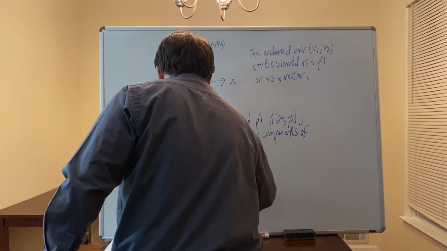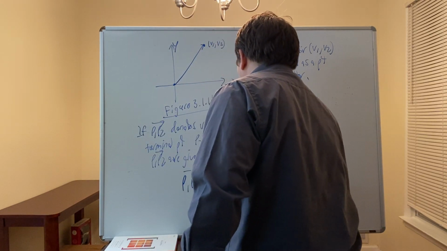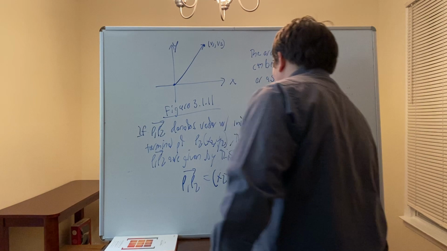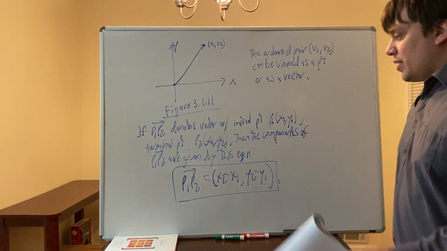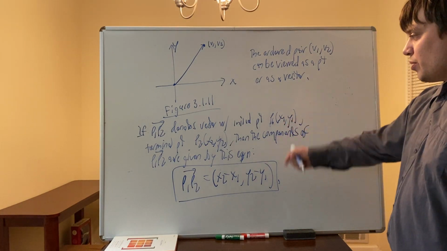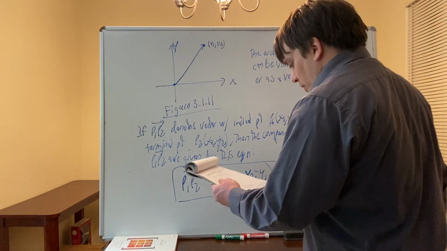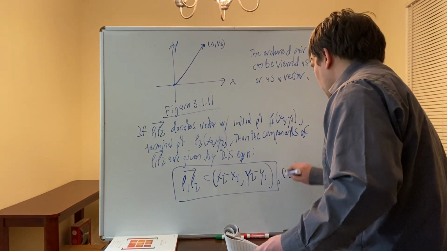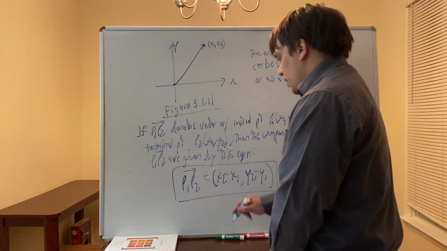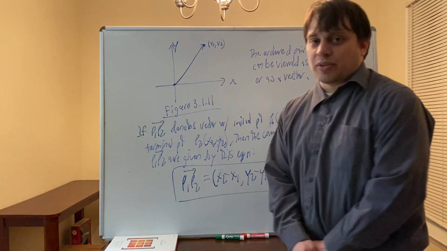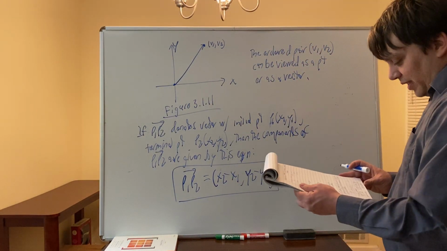So the vector P1P2 is equal to the vector whose first component is x2 minus x1, and the second component is y2 minus y1. That's how you describe a vector starting with this initial point and that terminal point. And that's equation 4 in 3.1, the fourth important equation.